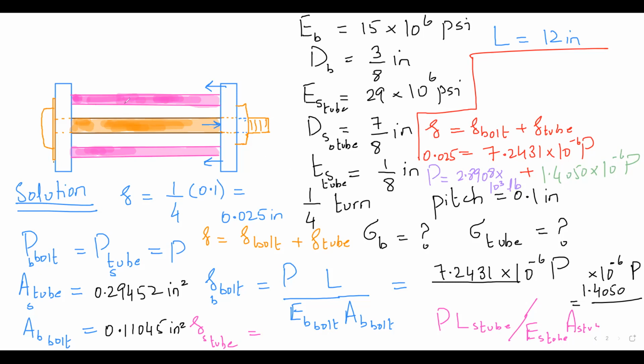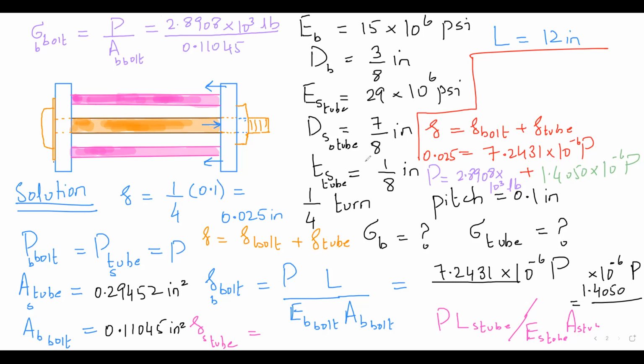And last but not least, stress of bolt comes out to be, it's the brass bolt, force divided by brass bolt area, which is equal to 2.8908 into 10 power 3 pound divided by area of bolt, which is 0.11045.